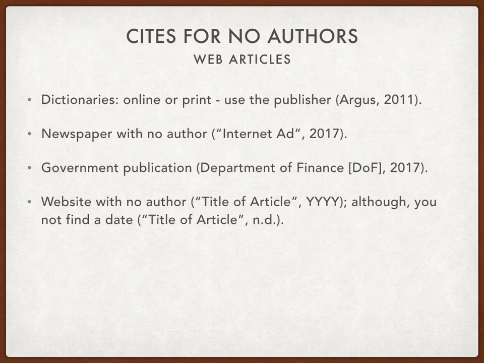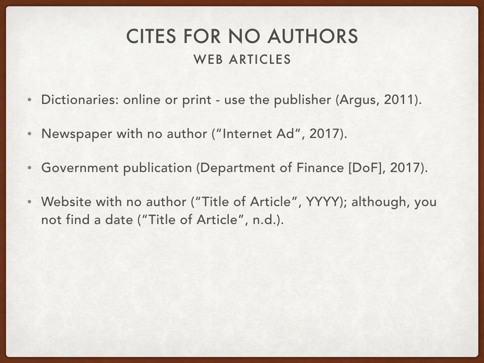And once upon a time, all we had was magazines, newspapers, books. But now we have so many different things that we can actually reference, like dictionaries. Once upon a time, it was just Daniel Webster. Now, it's dictionaries online or in print.